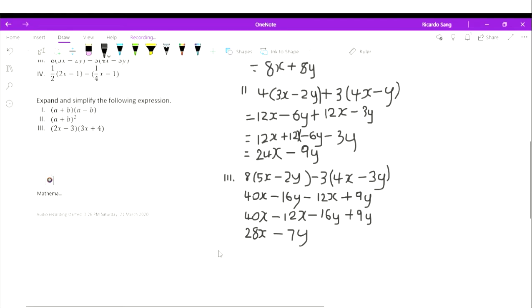That is Roman numeral 4, and that is a half open bracket 2x minus 1 close bracket minus a quarter open bracket.